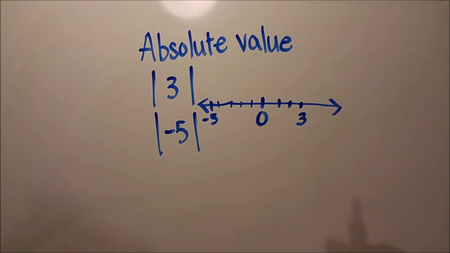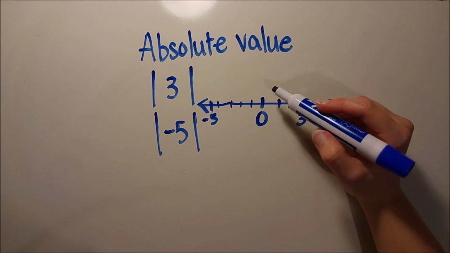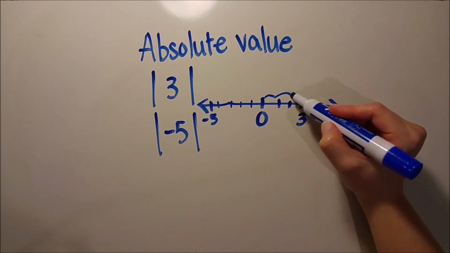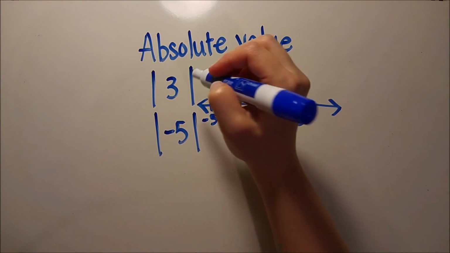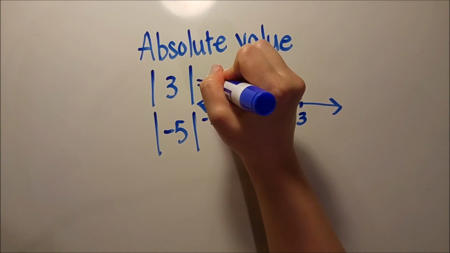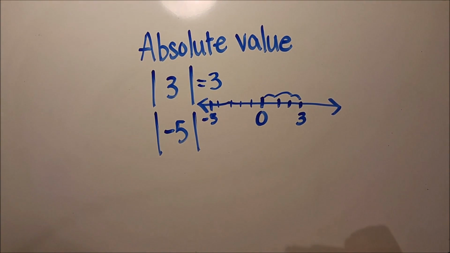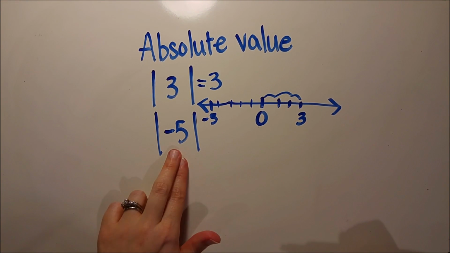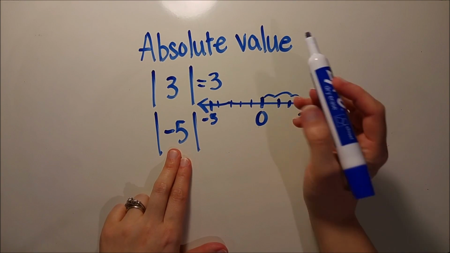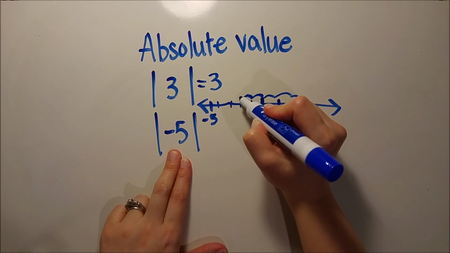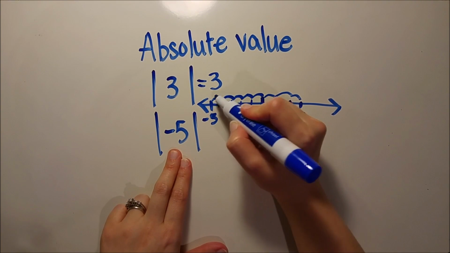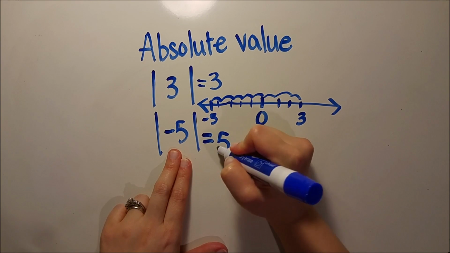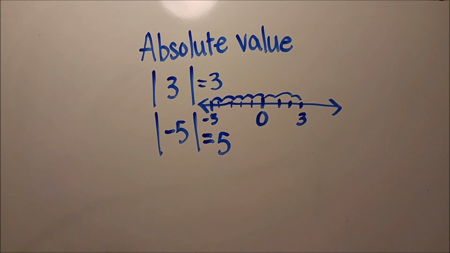Okay, so the absolute value of 3 is how far away it is from 0. So it's 1, 2, 3 away from 0. So the absolute value of 3 is 3. The absolute value of -5, again, it's distance from 0. 1, 2, 3, 4, 5. It is 5 away from 0.